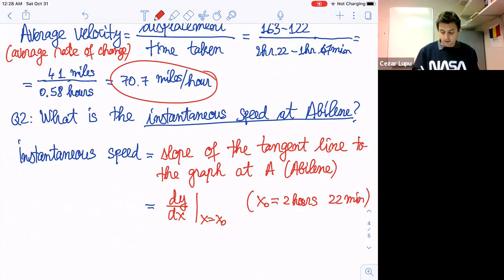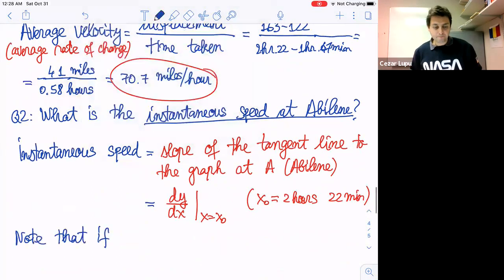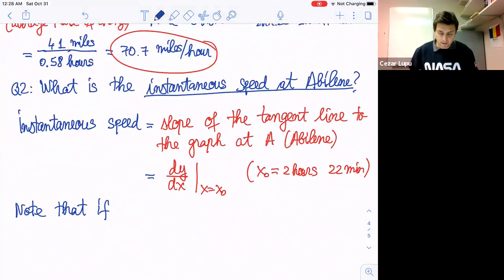So you can see this is nothing else than just the derivative. So here, let me point out a remark. Note that if we know the mathematical formula, because we don't know exactly what the graph is, the graph of what function is that?